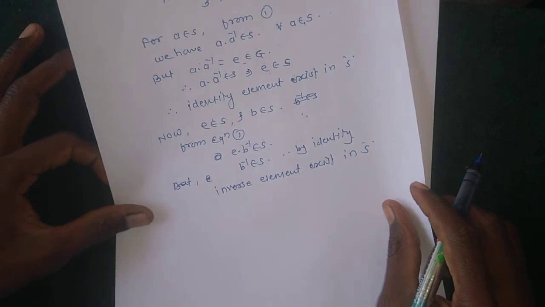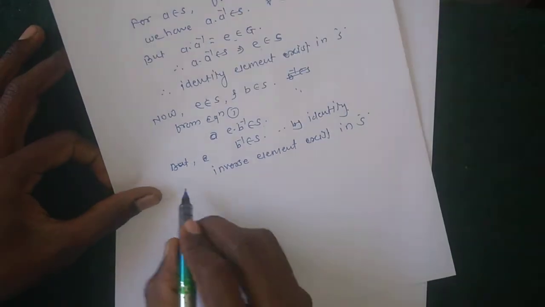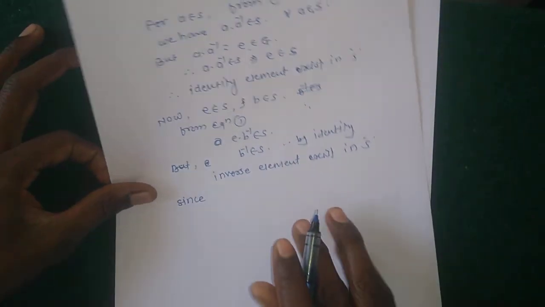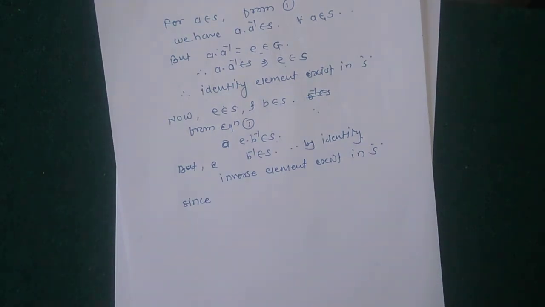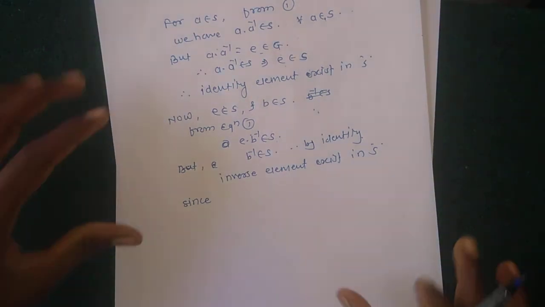Okay, since we are proving two properties only, associative property and closure property.